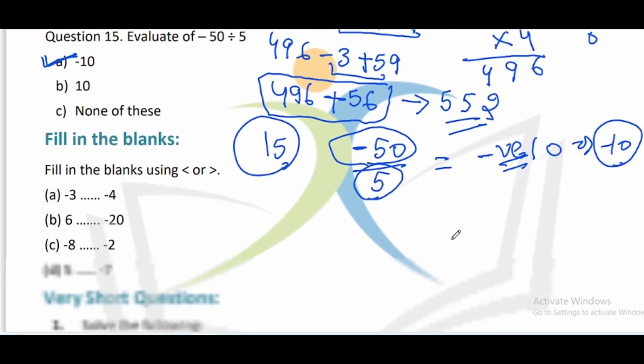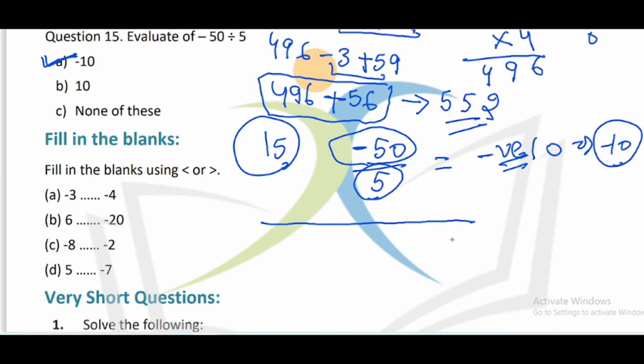The next is fill in the blanks. Let's see how we solve fill in the blanks. Which one is greater? Minus 3 and minus 4. Let's see.